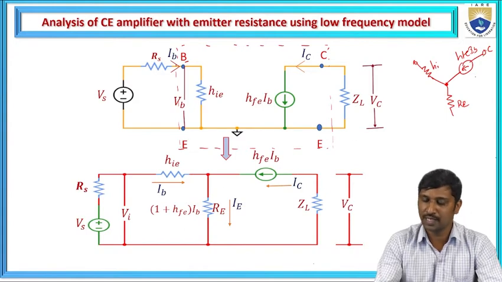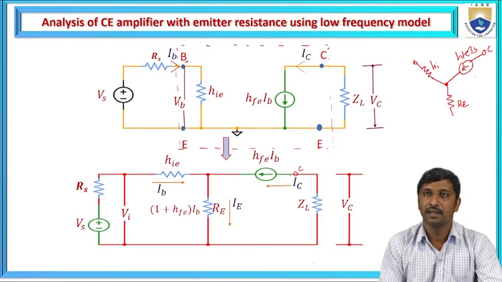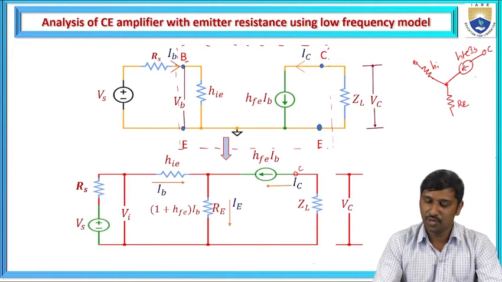Also, on the output side, this is the collector terminal. The collector terminal is passing through the current source. The current source is represented as HFE times IB, and these two are meeting at the emitter resistance node.